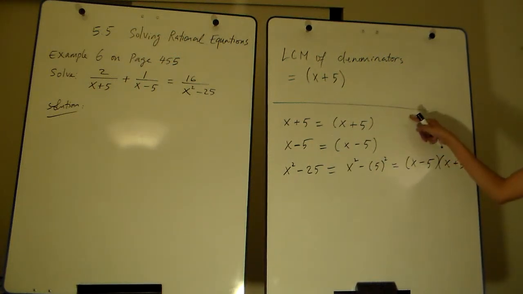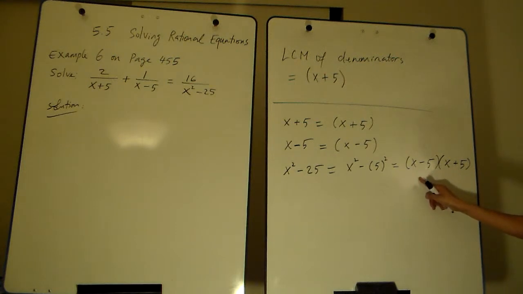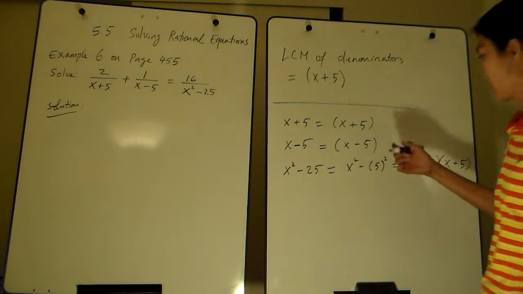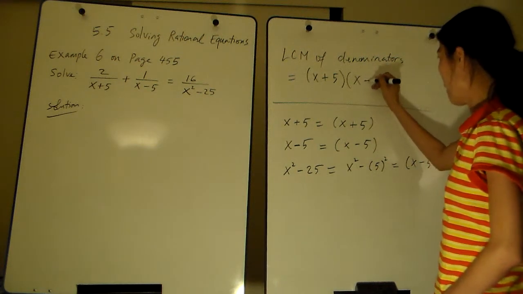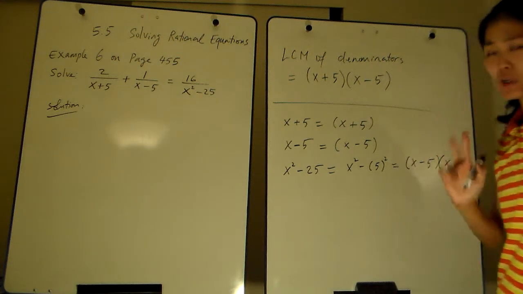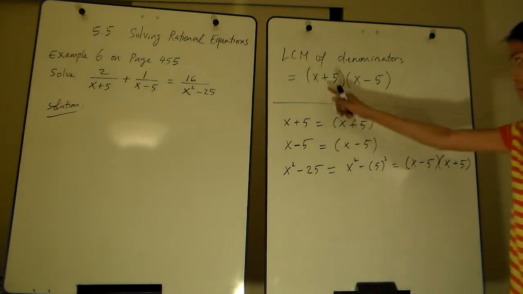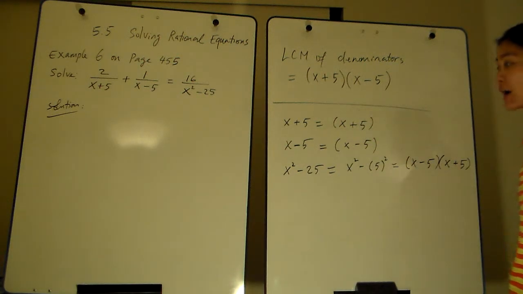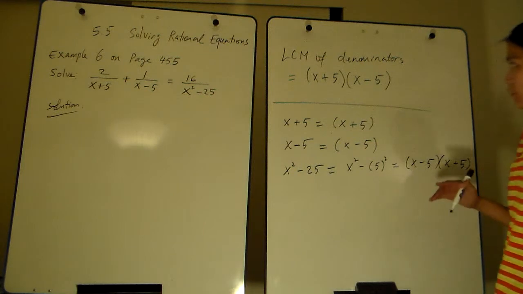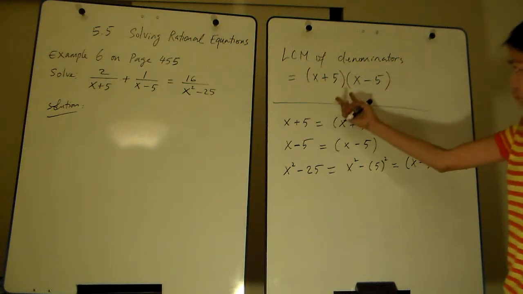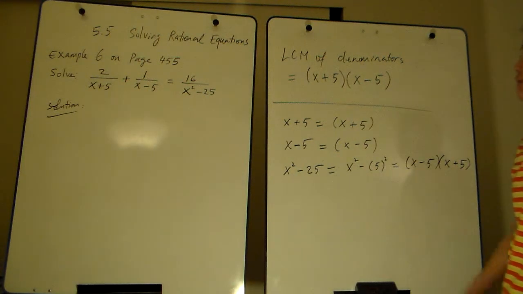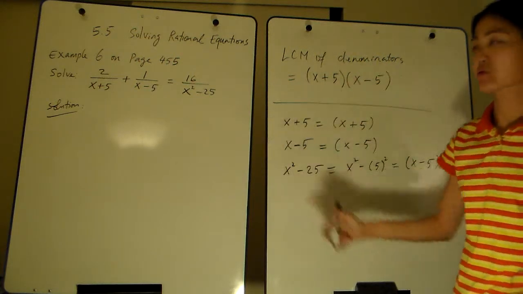There's no x minus 5 here. There is x minus 5 here, and it occurs one time because it's raised to the first power. So we'll include x minus 5. The only two types of factors are x plus 5 and x minus 5, and we include them all. So these two factors form the LCM of the denominators.